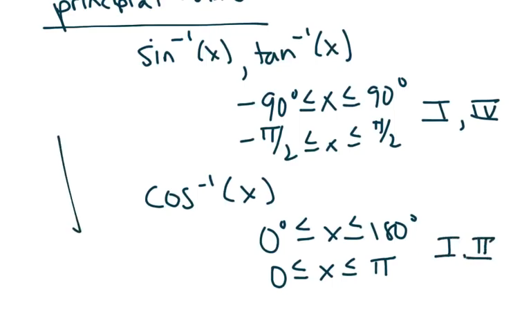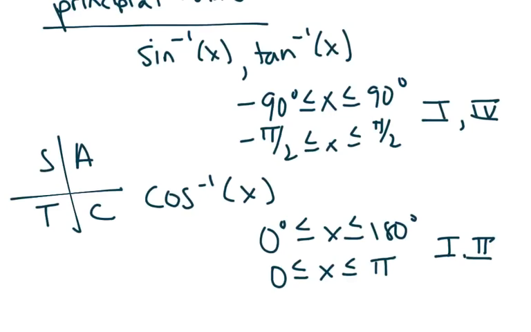And that really has to do with our all students take calculus, because with inverse sines and inverse tangents, if you're taking an inverse sine of a positive, you're going to get an answer in quadrant 1. But if you take an inverse sine of a negative, the only quadrants where sine is negative are 3 and 4, and the calculator chooses 4.